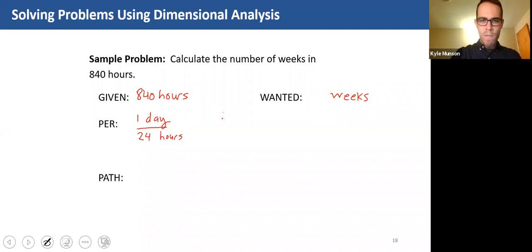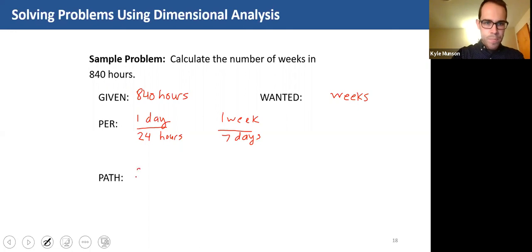And I do know for every 1 week, there's 7 days. So in other words, I'm trying to break this down into more manageable chunks, if you will, the problem. So let's write down our path, then we'll put it in our calculators shortly after that, after we write down the algebra, and we'll go from there.